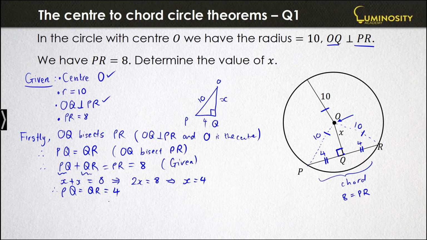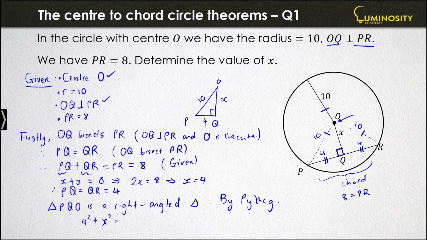Okay, then I'm going to say triangle PQO is a right-angled triangle. Therefore, by Pythag, the Pythagorean theorem, we have 4 squared plus x squared equals 10 squared. So I have x squared plus 16 equals 100. I take over the 16 by subtracting it, and I'm left with x squared equals 84.